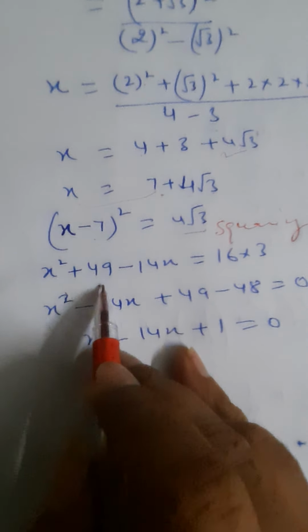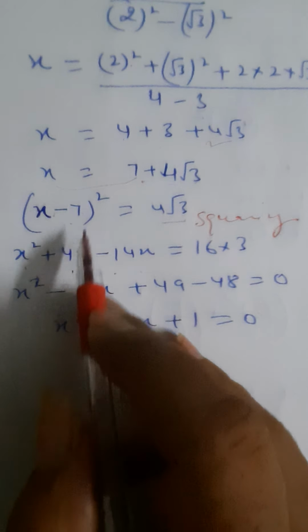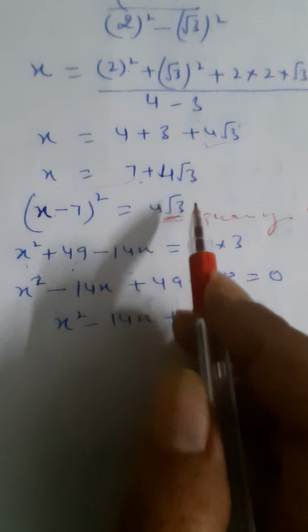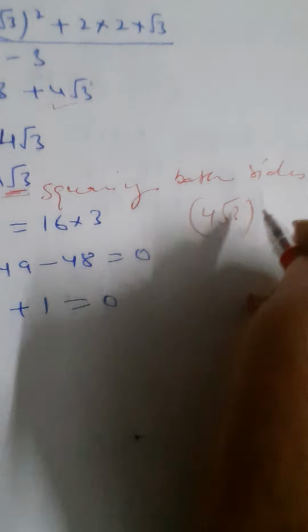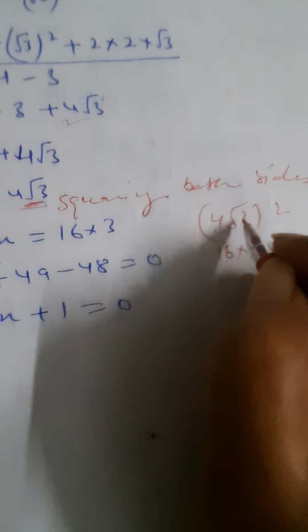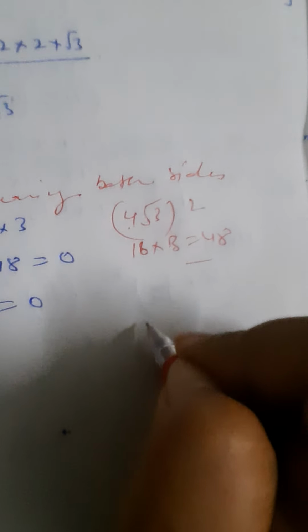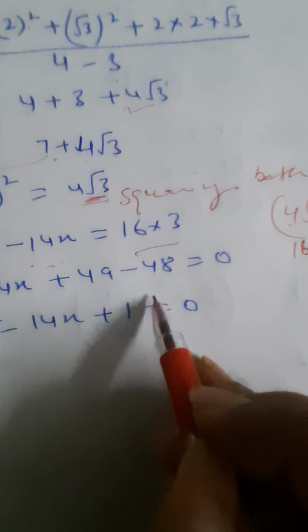X square plus 49 minus 14x, that is a square plus b square minus 2ab. Same thing I have done. And if it will be square, what will happen? 4 root 3, just see here, 4 root 3 whole square. It means it is square of 4 also, it is square of root 3 also, that is 48. Okay bache? So that is 48.